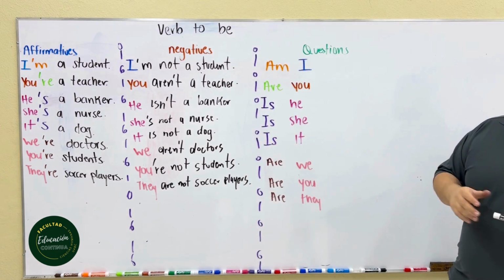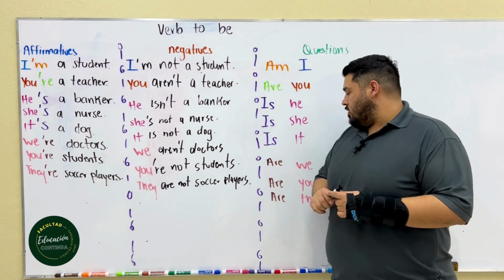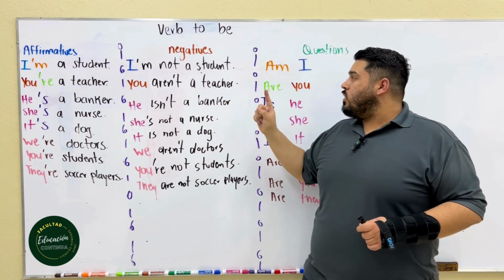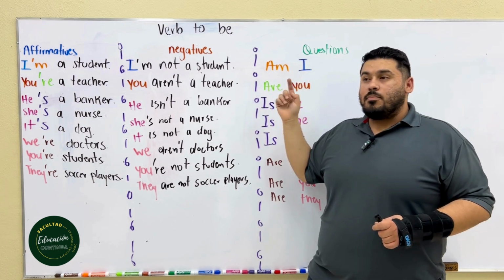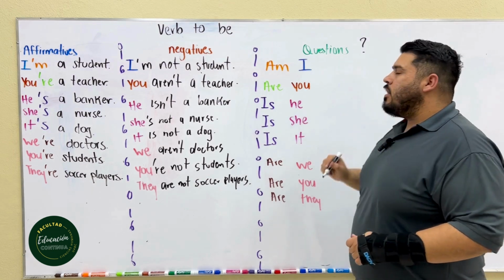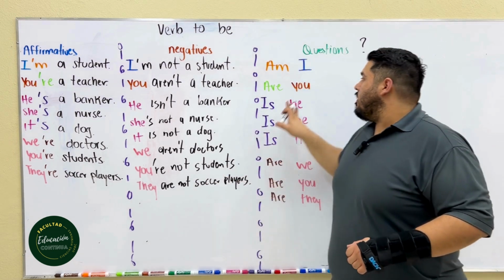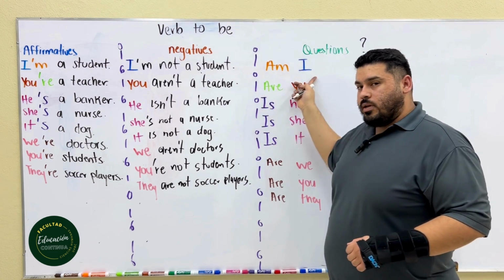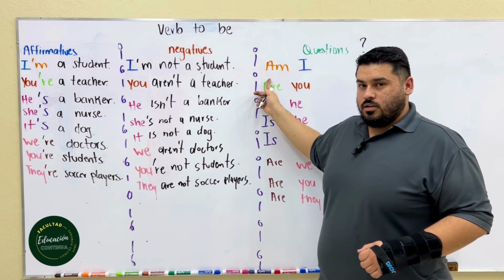Okay, now we're going to continue with the next part that is for questions. Okay, what happened with questions? If you see in this situation, we start the sentence in affirmative and negative. We start with the pronoun. But with questions, okay, those are questions, right? So with questions, we have to switch. We're gonna switch the pronoun and the verb to be. It's okay?